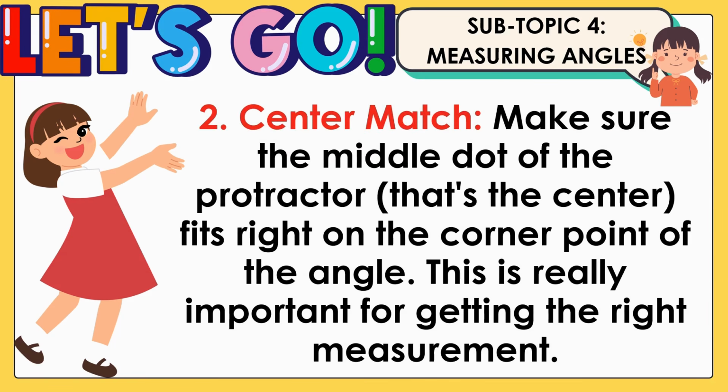Number 2, center match. Make sure the middle dot of the protractor, or the center, fits right on the corner point of the angle. This is really important for getting the right measurement.